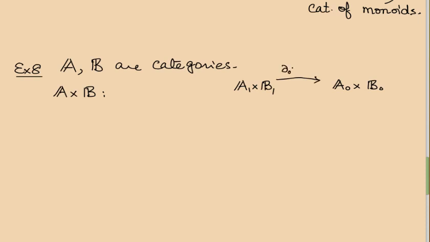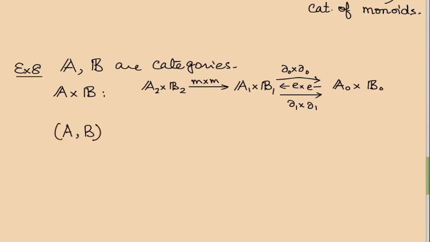So this is the codomain part, the domain part, and the identity. The composable pairs are exactly this, and this is M cross M. So in short, what are the objects?